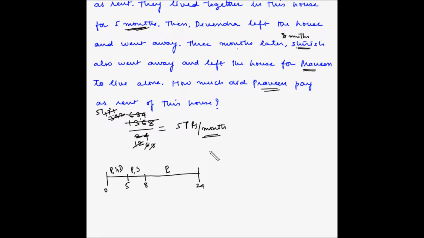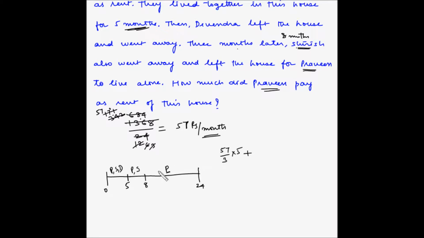So for the first 5 months, the rent is to be split into 3 parts, out of which one part will be paid by Praveen. So 57 by 3, this is the rent that Praveen has to pay monthly for the first 5 months.